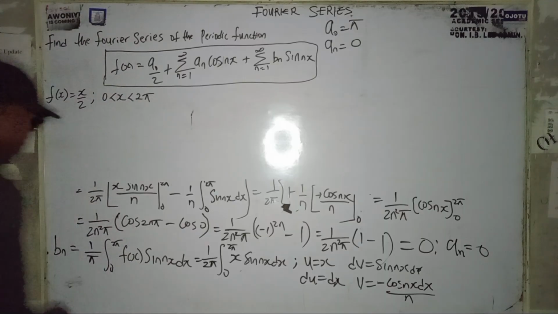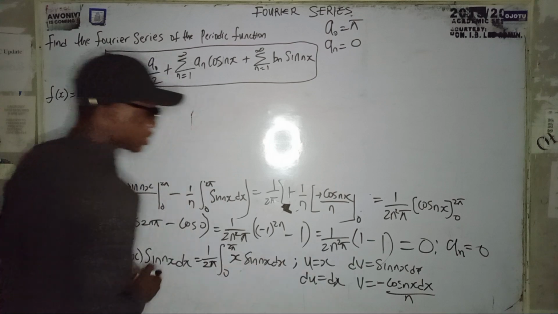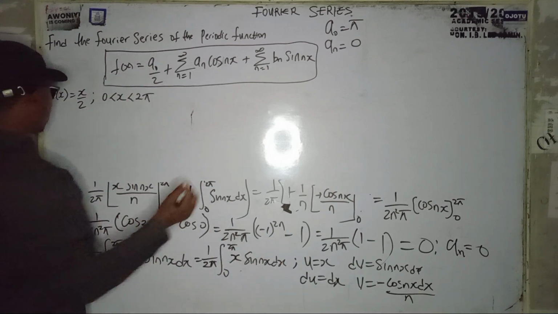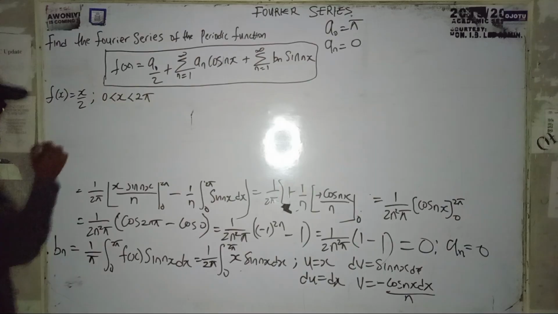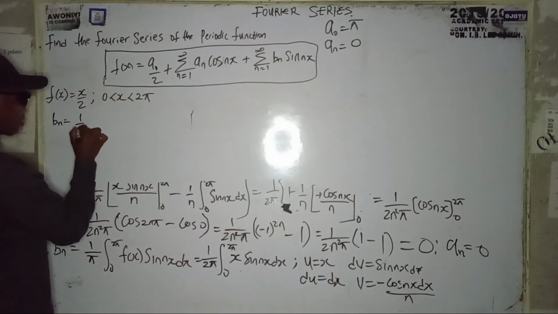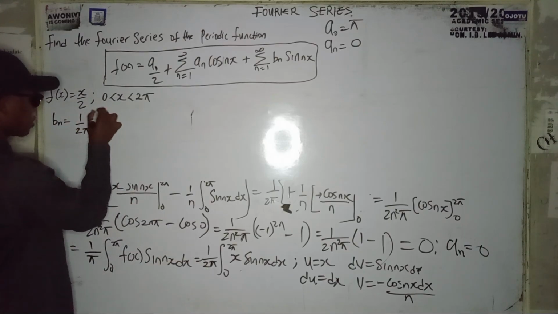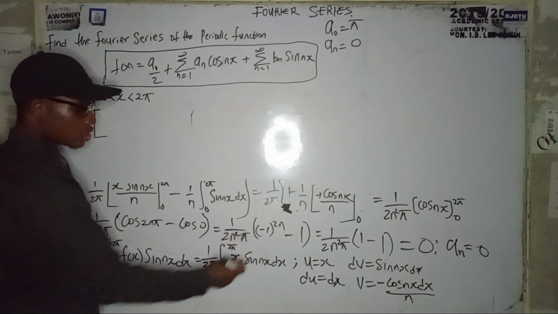So now our values here are u, the v, the du, and the x. Using our formula for integration by parts, we have our bn as 1 over 2 pi, and now our integration here is uv minus integral of v du.